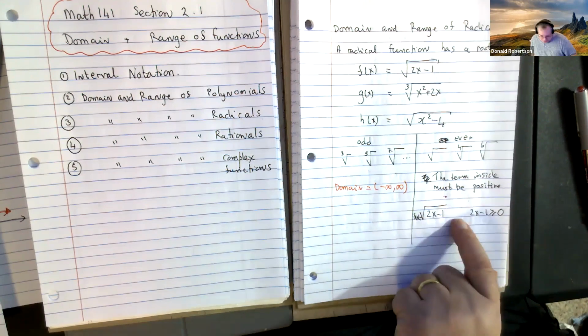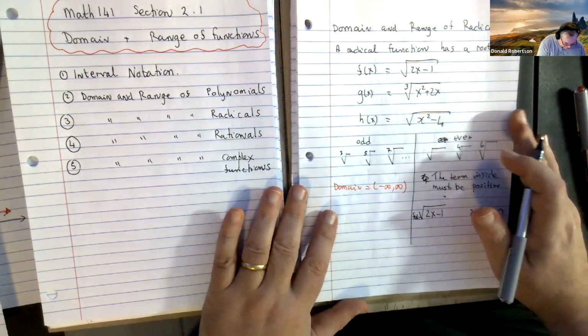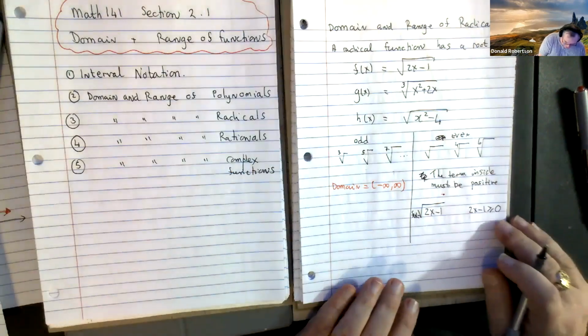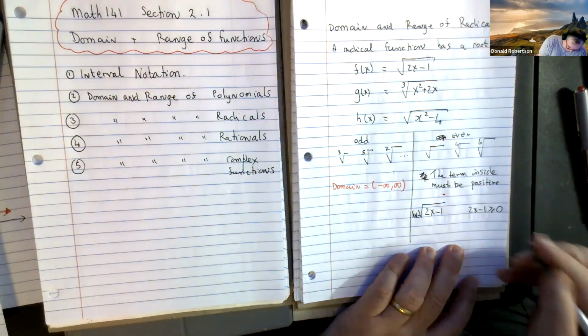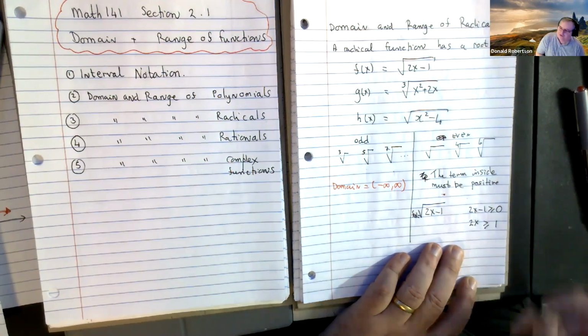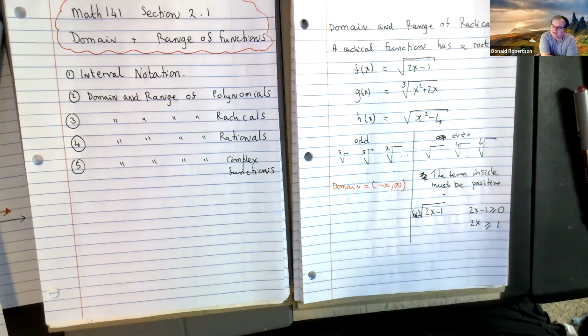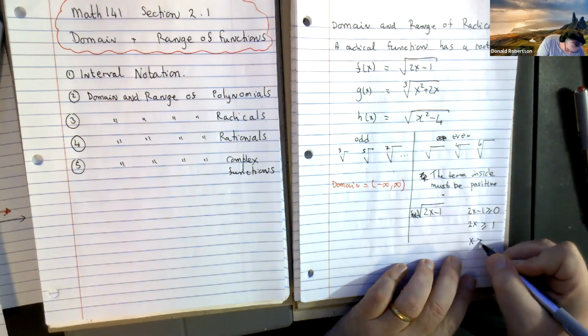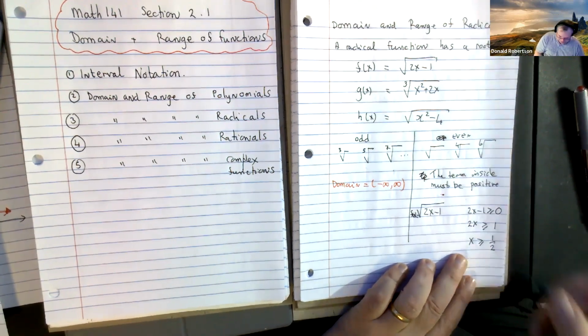So this must be positive, which means that you're going to have to solve, hopefully, a relatively simple equation. I use a rule called as long as you do it to both sides, it's okay. So I'm going to add 1 to both sides, and then I'm going to divide both sides by 2.